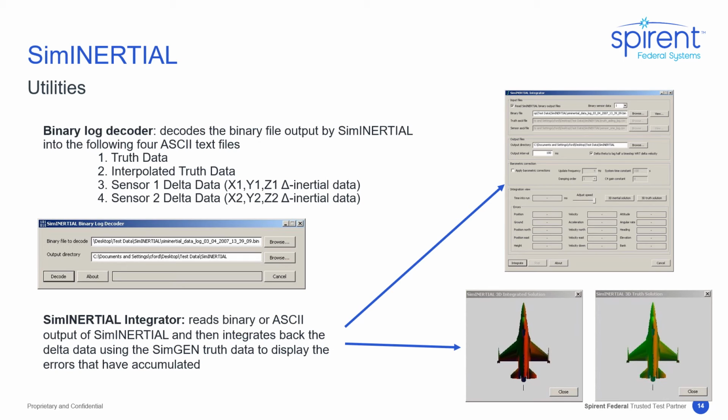The integrator, when used in conjunction with the SimInertial log files, can integrate back the delta data and calculate the error between the truth position and the calculated INS position. The integrator generates an INS solution based on the vehicle dynamics, sensor scaling, and inertial sensor errors.